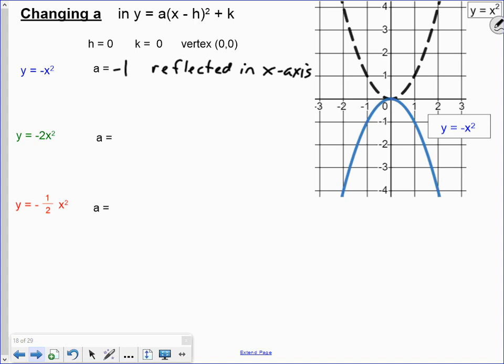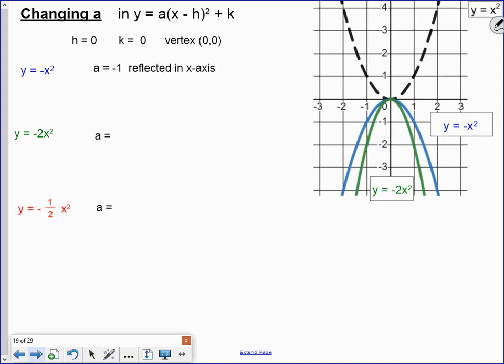Now, because the a value is negative 1, we haven't changed the shape of it yet. Notice that this is still like that little pattern in there, and those first 3 points are exactly the same. Okay, but if we make our a value negative 2, and I've left y equals negative x squared up there for comparison, again, we're still reflecting in the x-axis, but we're also adding in this vertical stretch.